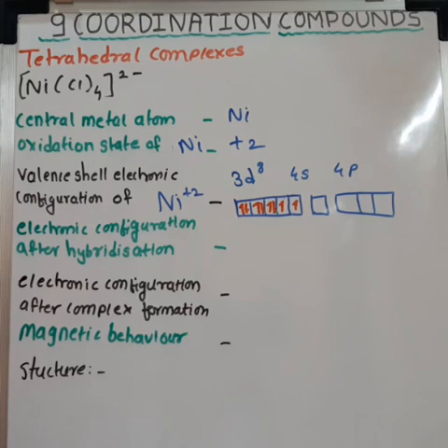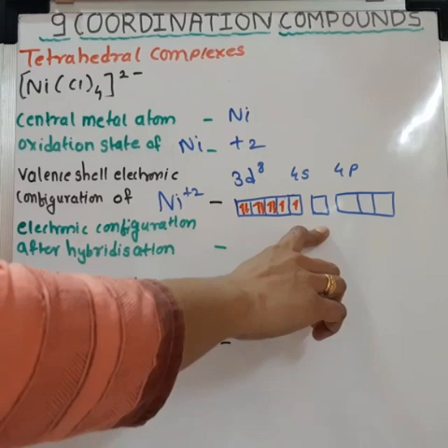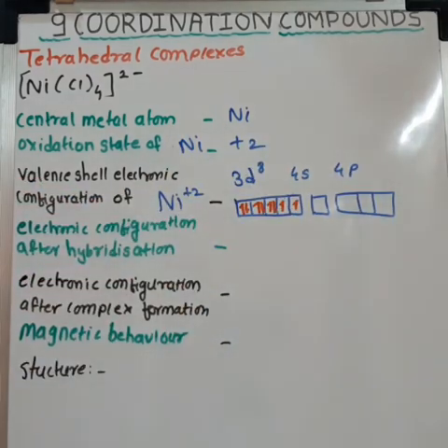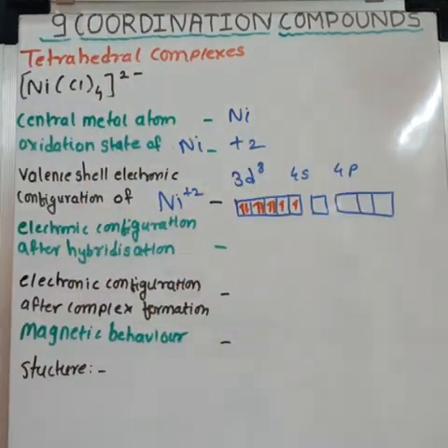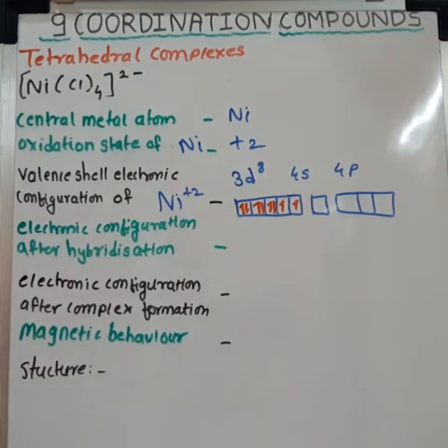So the coordination number of this complex is 4. The required number of orbitals for hybridization is 4. The available orbitals for hybridization are also 4. 4s and 4p orbitals are available, so hybridization takes place between 4s and 4p orbitals, that is, sp3 hybridization takes place.